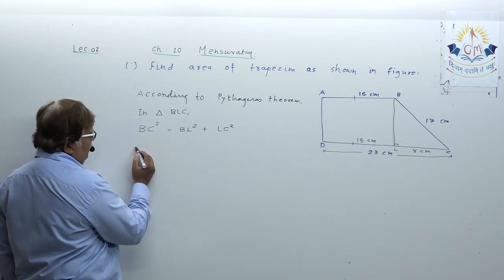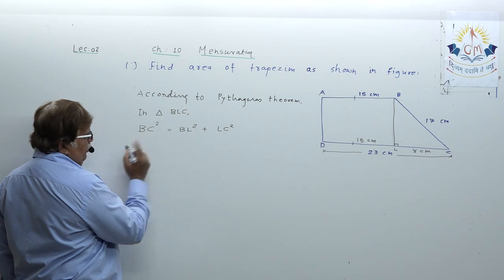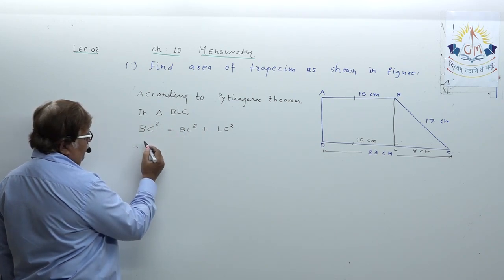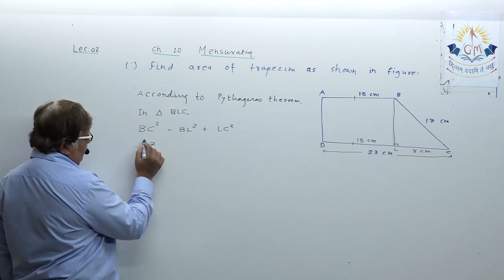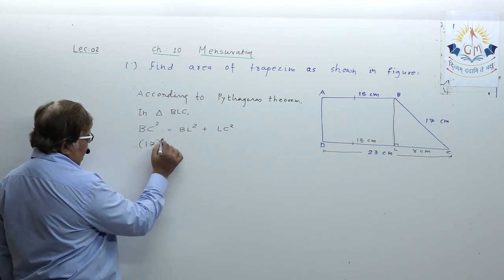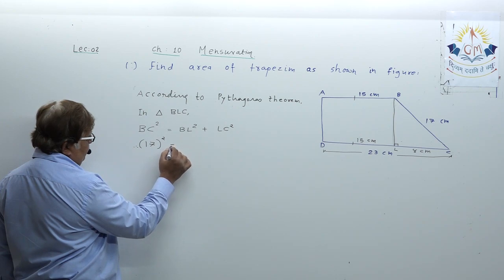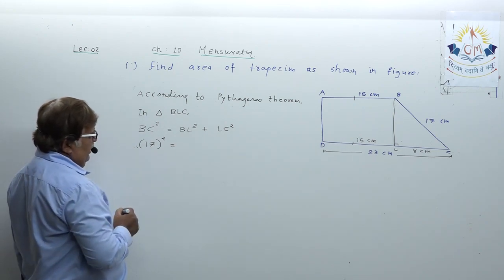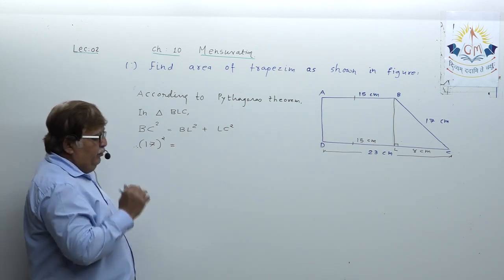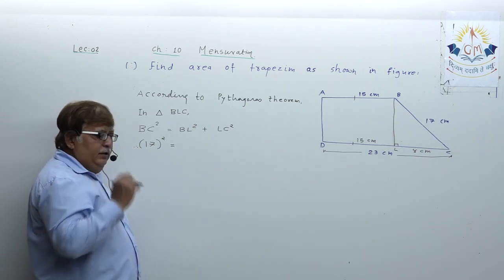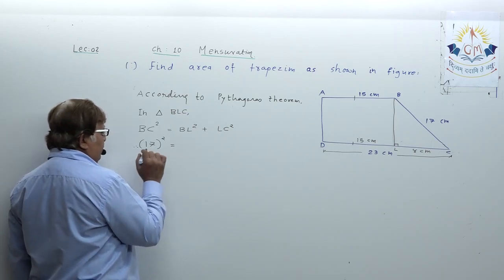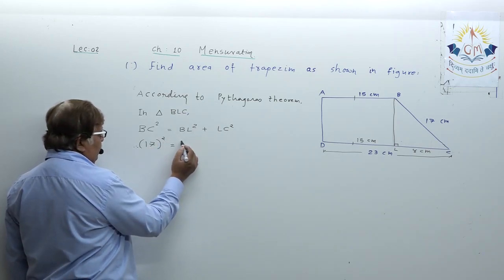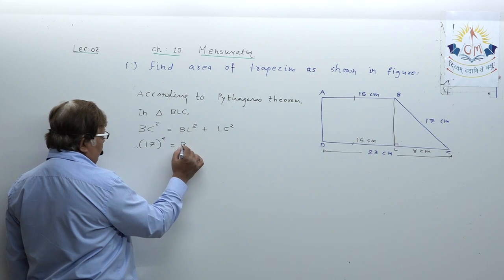Let us substitute the value. BC is given, 17 square equals BL square plus LC square, that is 8 square. I am keeping the pace of writing in such a way that you are able to synchronize your speed of writing.